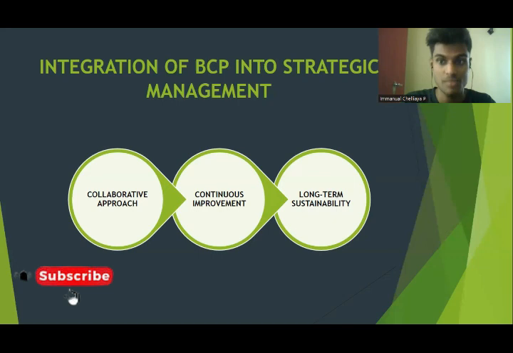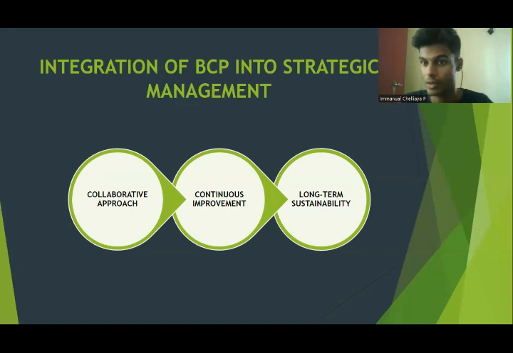So having BCP within strategic management helps the business to run for a longer period of time, unlike running for a certain period of time and going out of business. And finally, BCP helps to strengthen the foundation of strategic growth. When BCP is integrated with strategic management, it ensures there is a strong foundation within the organization so that there is strategic growth for a longer period of time.